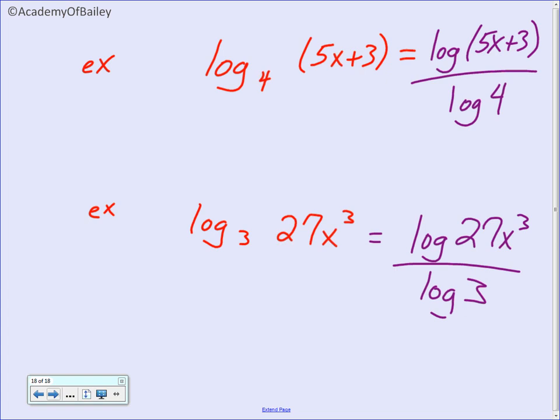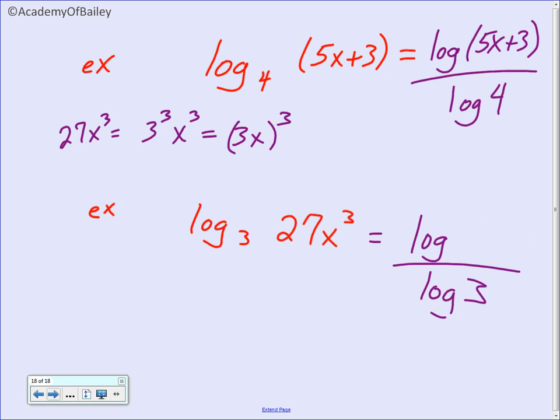Now, what about 27x cubed? Isn't 27 equal to 3 cubed? And since both of them are raised to the third power, couldn't we do this? Okay. So let me go ahead and do that.